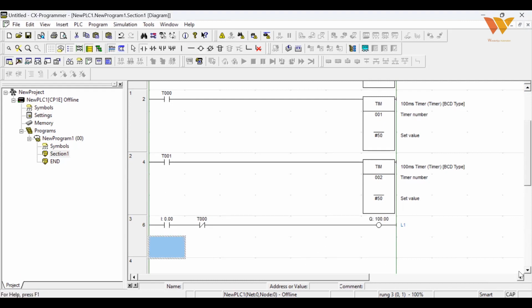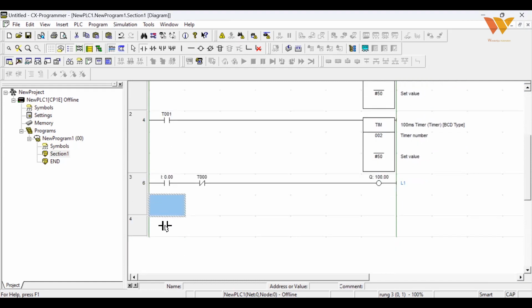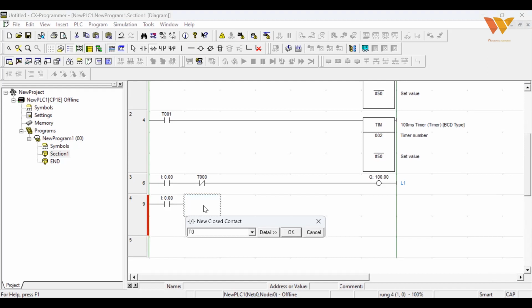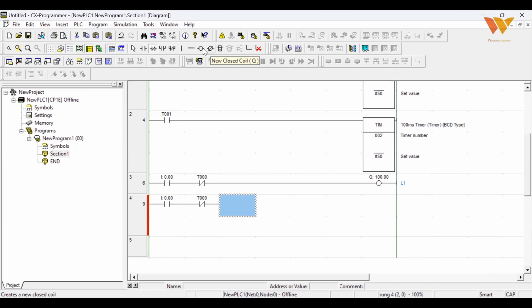So when L1 gets on, simultaneously L2 should also get on. So again, I'll take 0.00, here I'll take T0, then output 0.1.